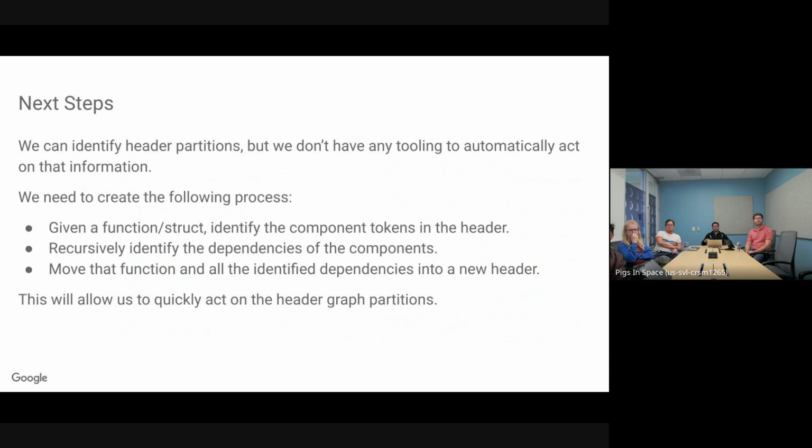This will allow us to quickly get some functional partitions. After that, it might be necessary to do some human cleanup to check if the partitions are good or can be made even better.